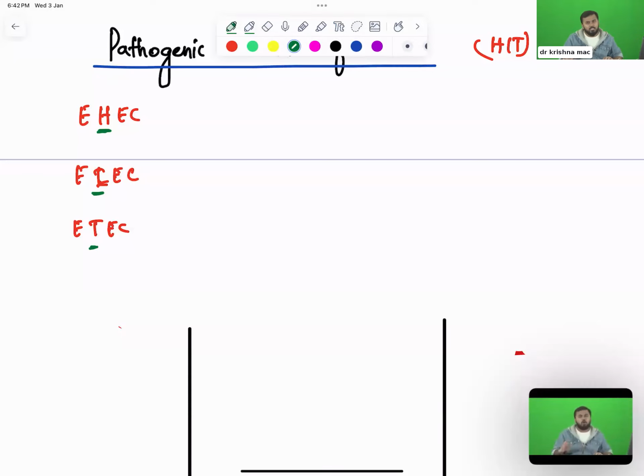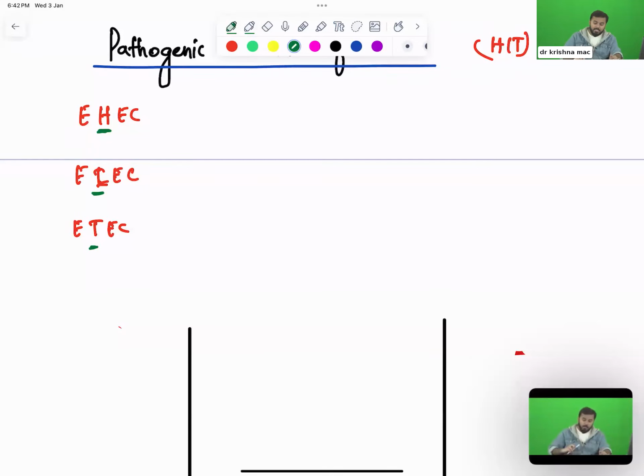Invasive, fine, invasive will invade. But look at enterohemorrhagic. It is going to cause a hemorrhage, very severe bleeding. So enterohemorrhagic E. coli is a very dangerous form.